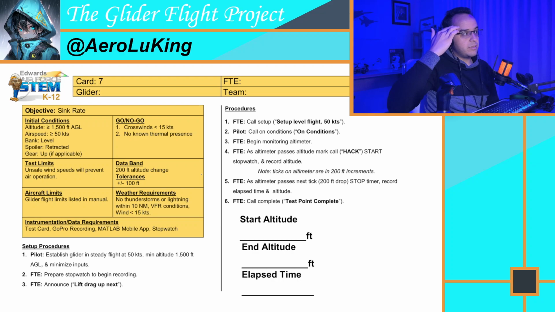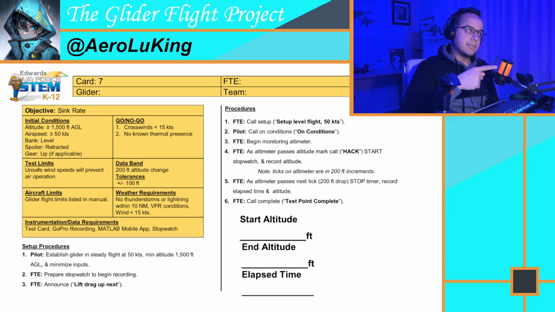So in this one, you're asking the pilot to just set up level flight, 50 knots. When he's on condition or she's on condition, say hack, start your stopwatch, and pretty much remember how much each of those ticks are. So in this case, we're just asking you to try and get through a 200-foot drop and then write that down. So you'll write your starting altitude. Let's say it was 1,000 feet.